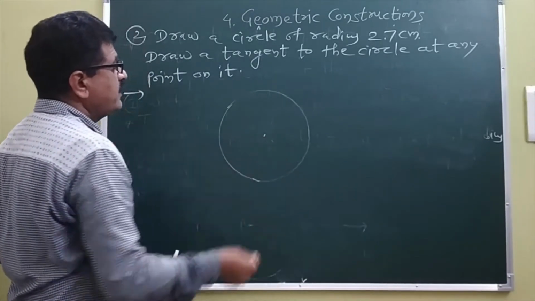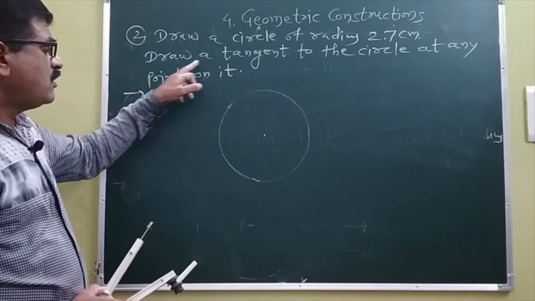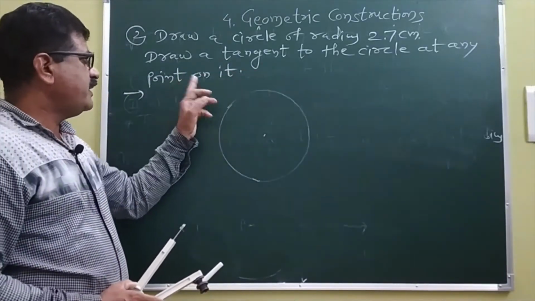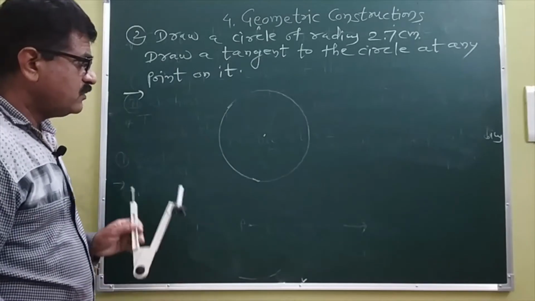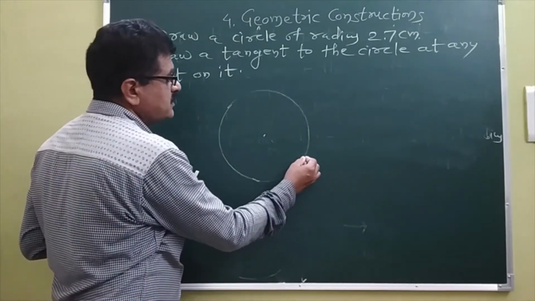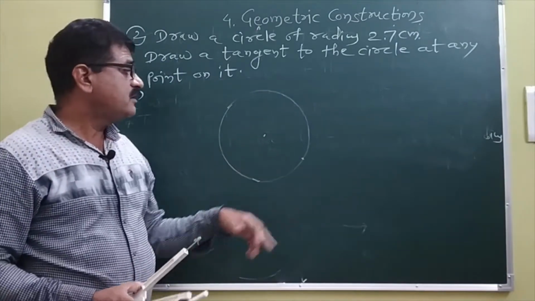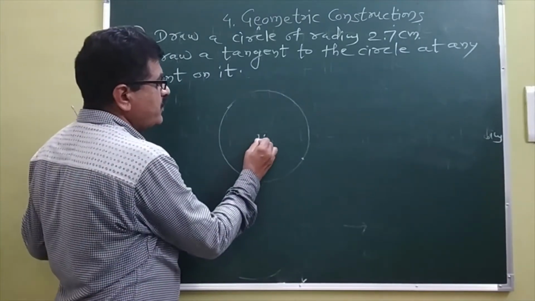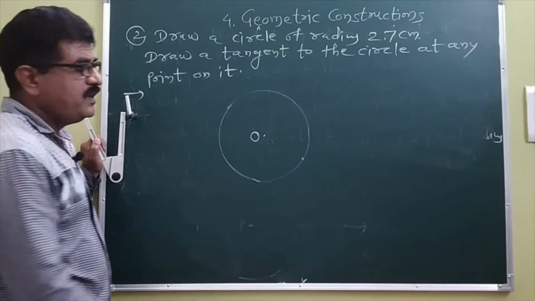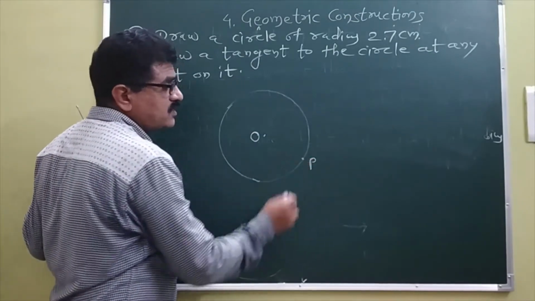This is the center. Draw a tangent to the circle at any point on it. We have to take any point. Suppose this point is here. Suppose O is the center of the circle and P is any point on the circle.